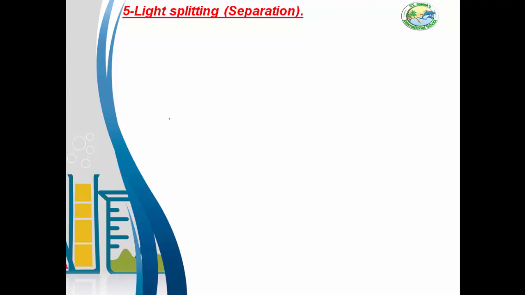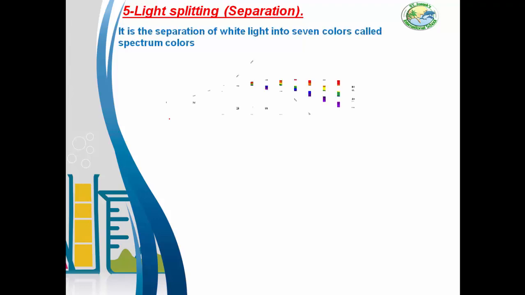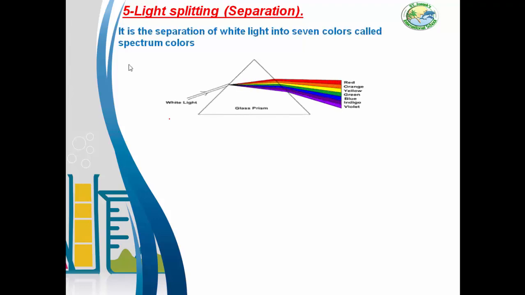So we can separate light into 7 colors by using a glass prism. This is a glass prism, and we can separate white light into 7 spectrum colors. This is light splitting or light separation: the separation of white light into 7 colors called spectrum colors.